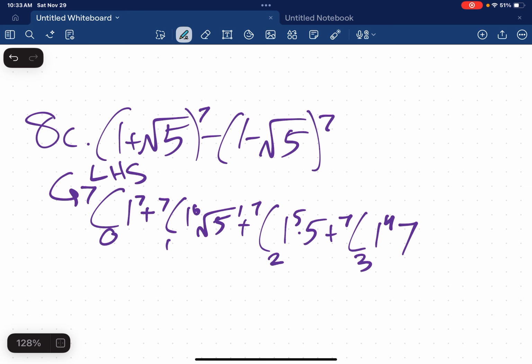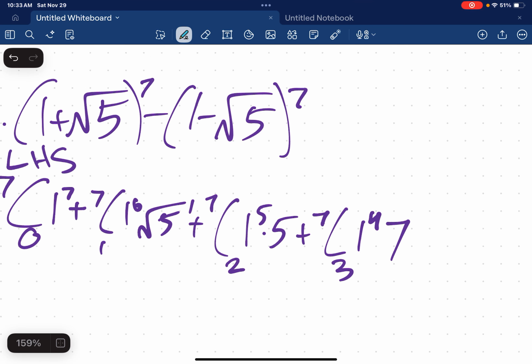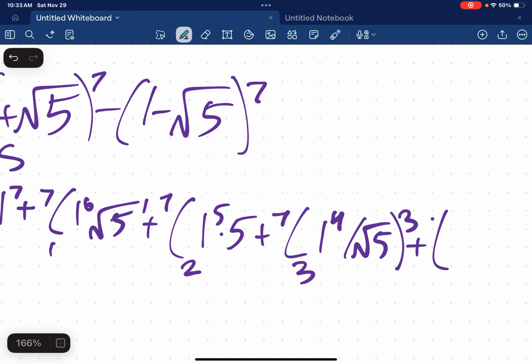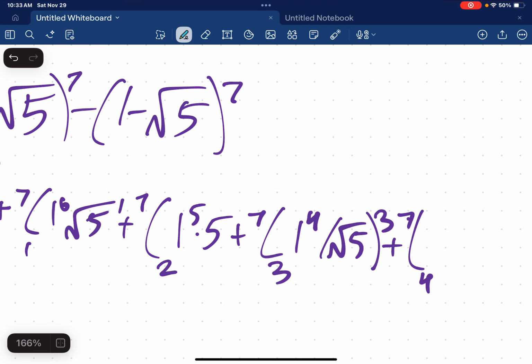Whoa. Starting to mess up. It is negative, right? No, this one's positive. This one starts positive. So I'm going to choose 4.